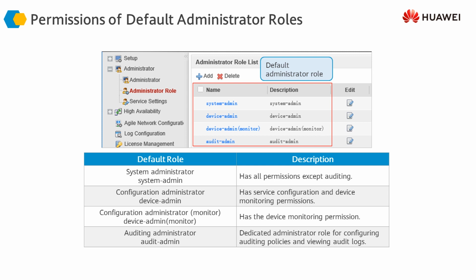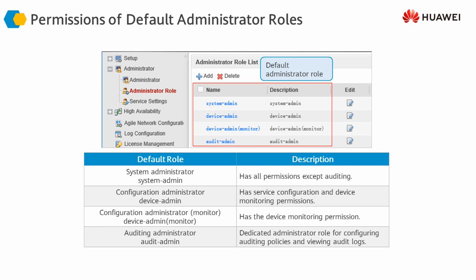Also, the configuration administrator with the monitor functionality has the service monitoring permissions, and the auditing administrator, called the audit admin, is dedicated to configuring auditing policies and viewing the audit logs. So these roles and associated permissions are responsible for doing the different management and administrative tasks on the USG firewall.